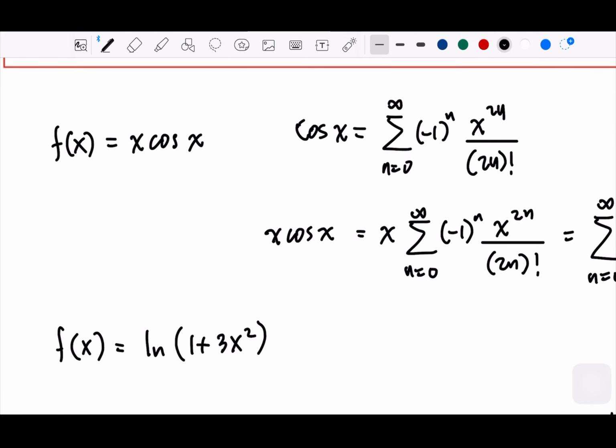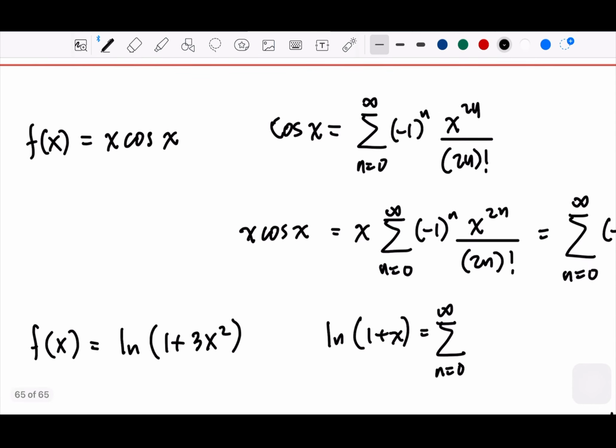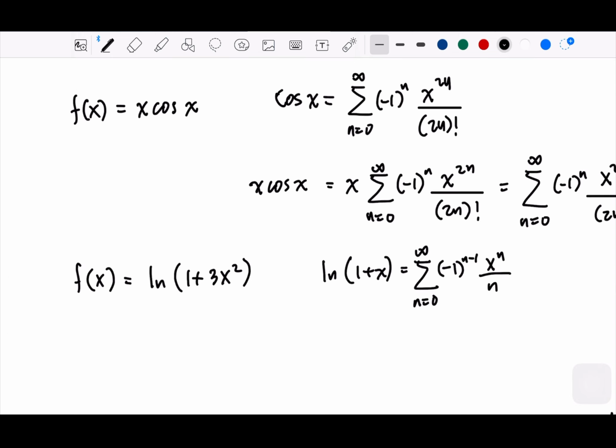So we can start by writing ln 1 plus x, the alternating sum over n like that first, okay?